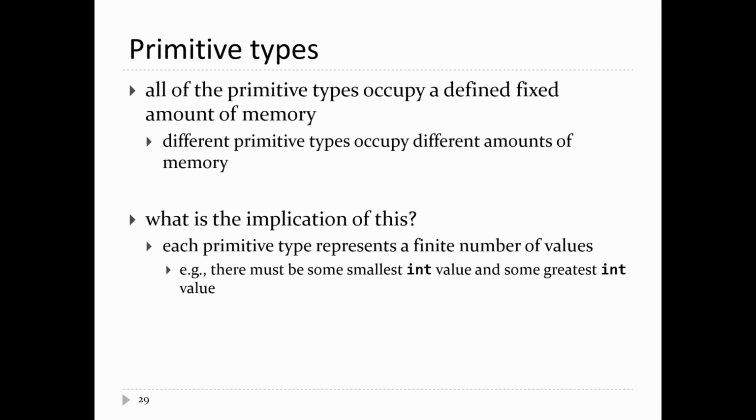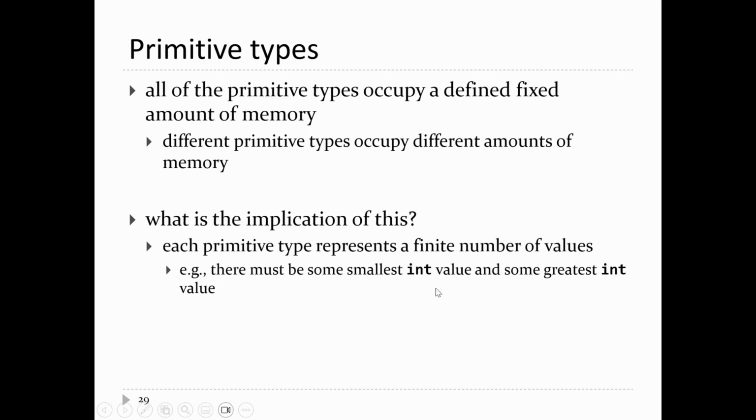Okay, so all of the primitive types occupy a predefined fixed amount of memory. The Java language says an int shall occupy 32 bits, and that's all you get: 32 ones and zeros. The different primitive types occupy different amounts of memory. And so, of course, there's an immediate set of implications of all of this. In Java, your primitive types represent a finite number of values.